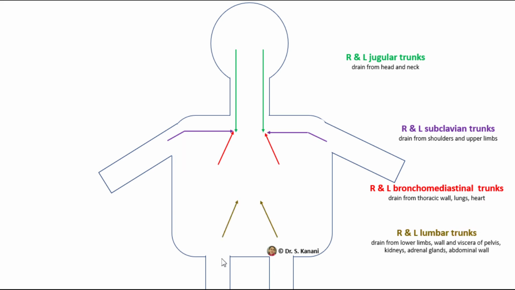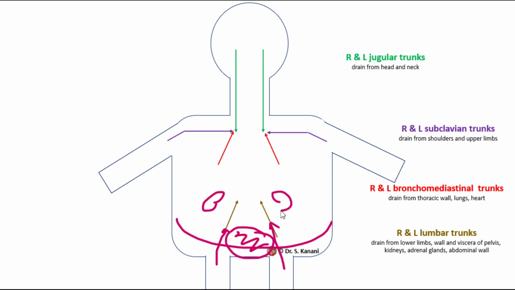Then we move down and we notice from lower limbs we collect lymph through 2 lumbar trunks. Also, lumbar trunks collect lymph from the wall of the abdominal region, the wall of the pelvic region, the visceral organs that we have inside the pelvic region, kidneys, which we know are retroperitoneal, and adrenal glands that are sitting above kidneys, tilting toward the midline.